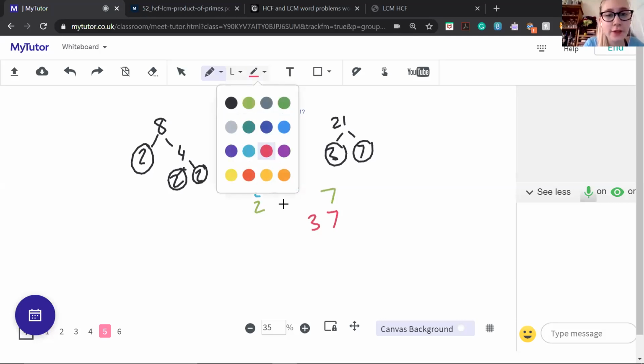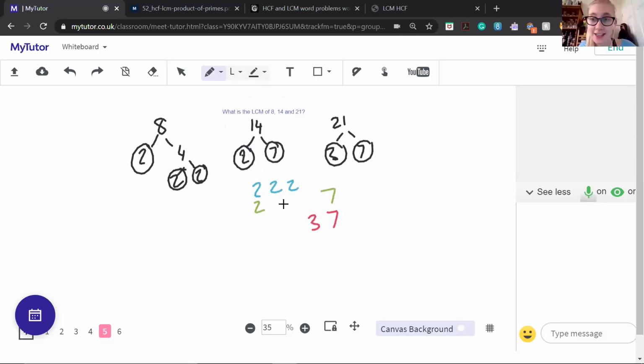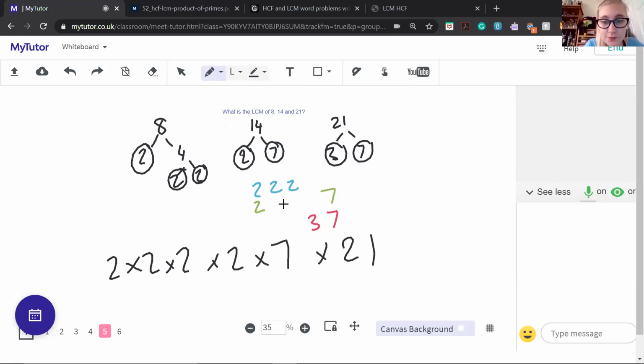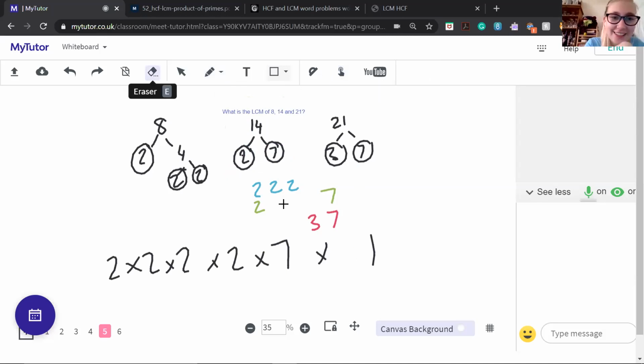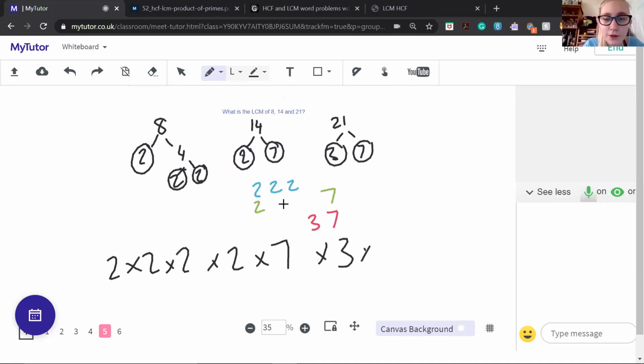So one thing that could be a multiple is 2 times 2 times 2 times 2 times 7 times 3 times 7, right? We don't actually necessarily need to write this out. This is something that could be a multiple, but we want the lowest common multiple. So let's think here. Where's 8? Here's 8, 2 times 2 times 2. Where's 14? Here it is, 2 times 7.